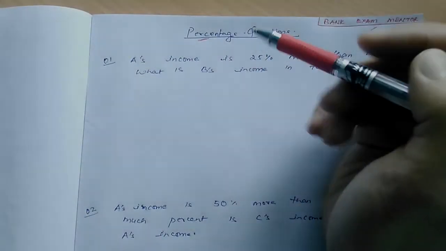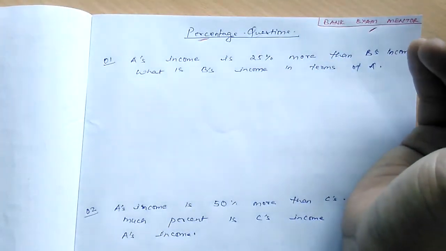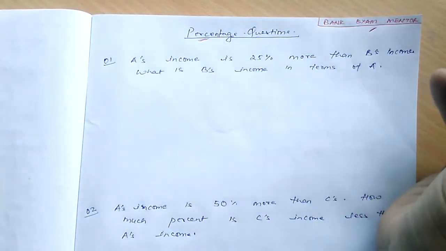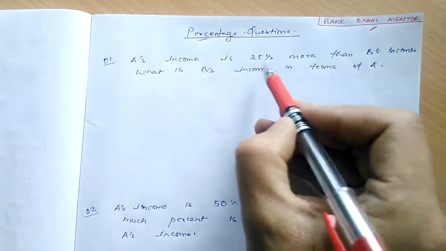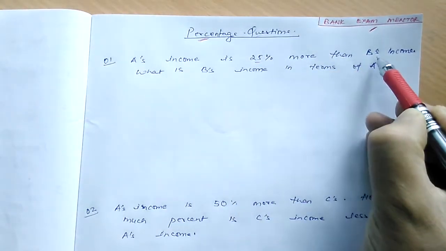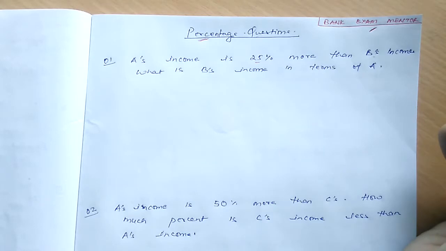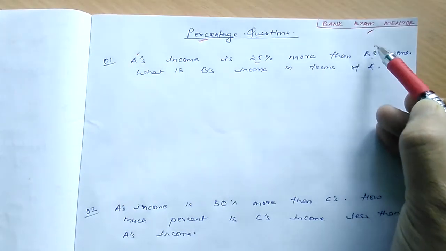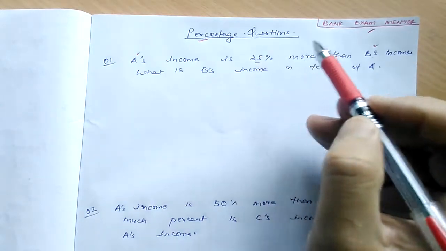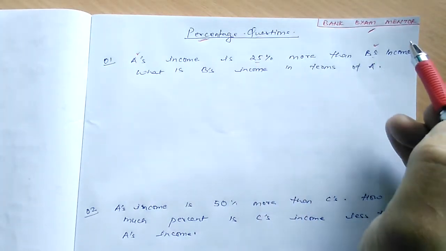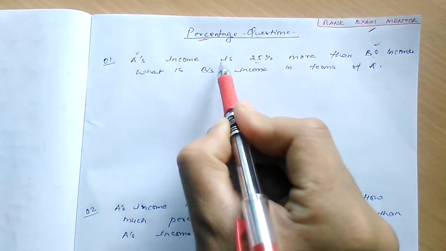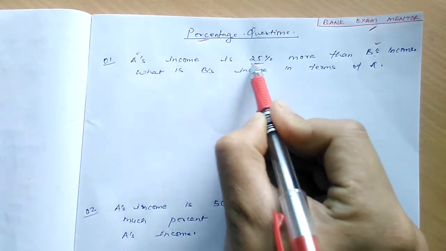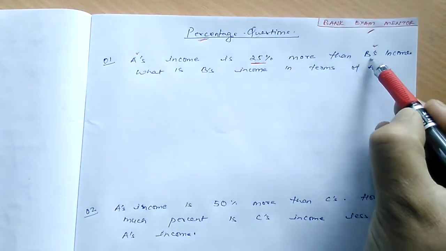So straightforward, we will go to the first question. The first question says that A's income is 25% more than B's income. We don't know what A's income is, we don't know what the income of B is, but we are only given the fact that A's income is 25% more than B's income.